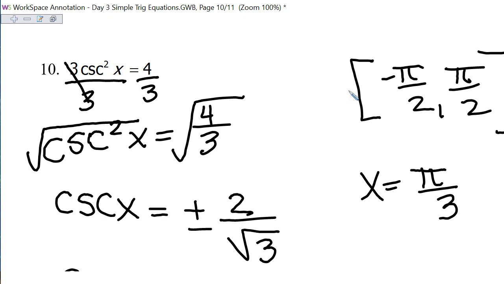No, so instead of 5 pi over 3, it needs to be negative pi over 3. I already have the positive, since someone put a plus or minus out in front. So our answers are positive pi over 3 and negative pi over 3. So we have an answer in both quadrants. So it's possible to have more than one functional value, and that typically happens when you have to take the square root, because you'll have a positive solution and a negative solution.